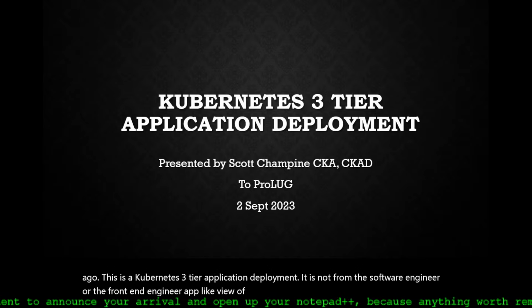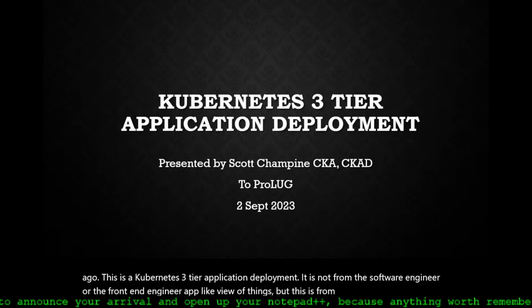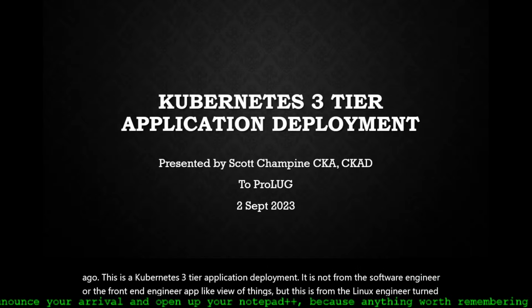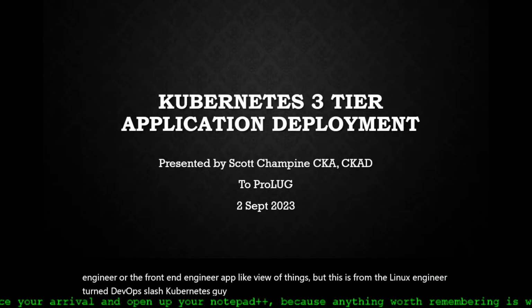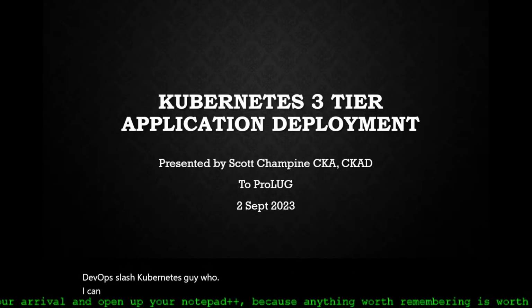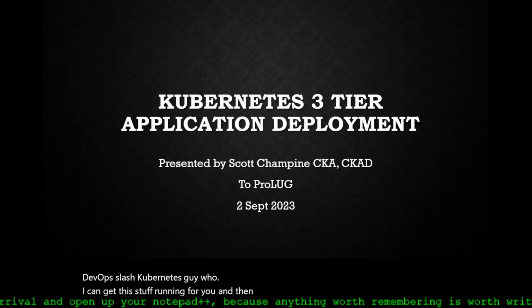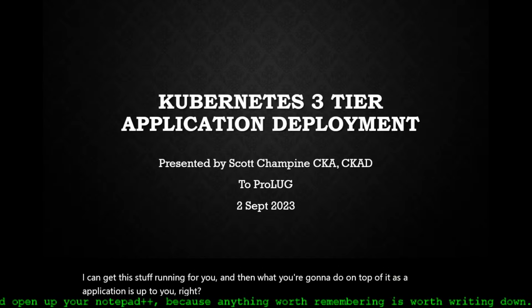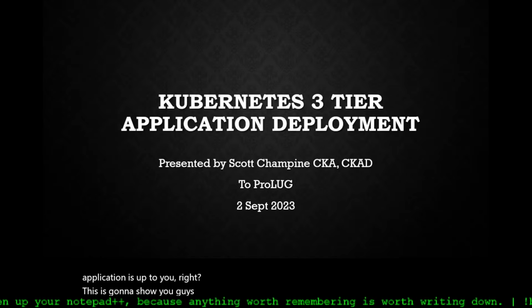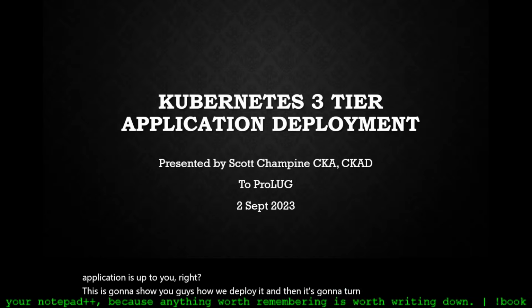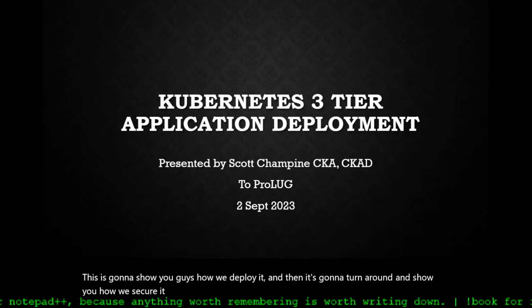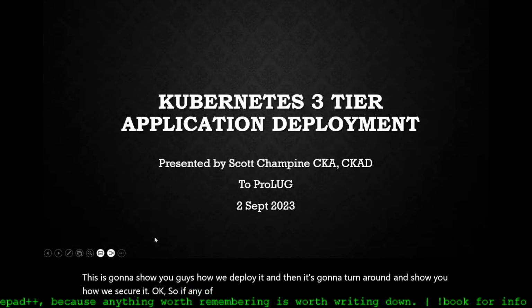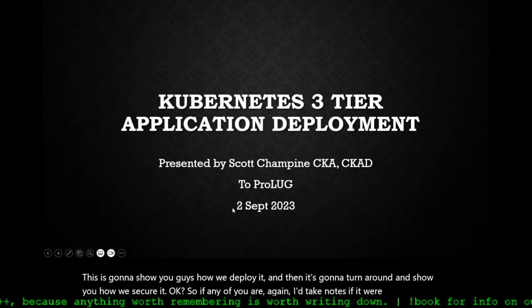This is from the Linux engineer turned DevOps / Kubernetes guy, who can get this stuff running for you, and then what you're going to do on top of it as an application is up to you, right? So this is going to show you how we deploy it, and then it's going to turn around and show you how we secure it. Okay, so again, if it were me, I'd take notes.